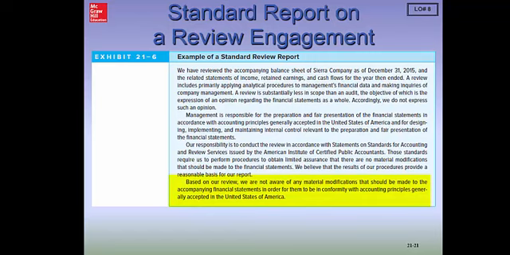Based upon our review, we are not aware of any material modifications that should be made to the accompanying financial statements in order for them to be in conformity with accounting principles generally accepted in the United States. So we are providing a limited assurance, but this limited assurance is based upon a very limited approach, without testing of internal controls.